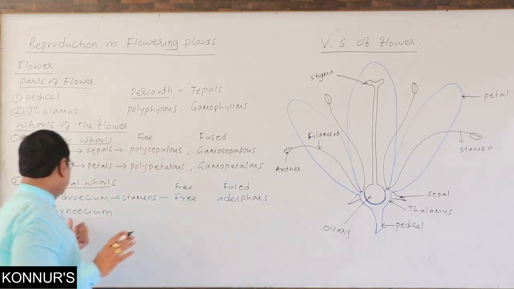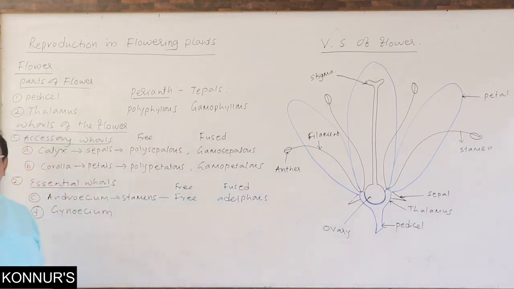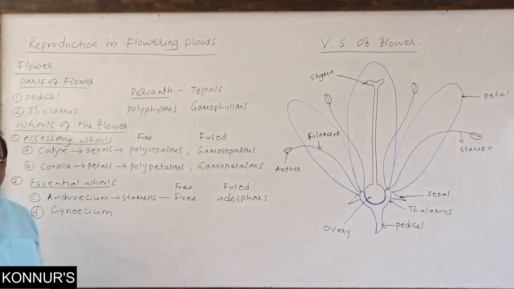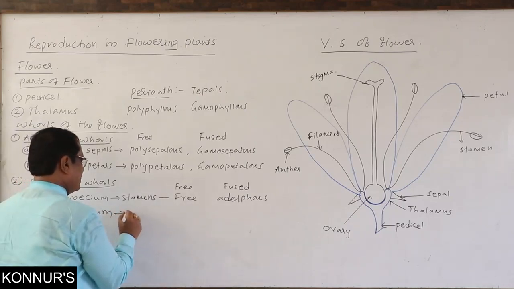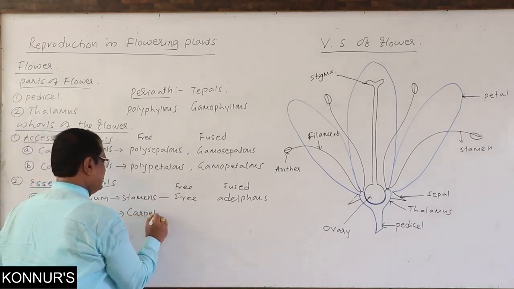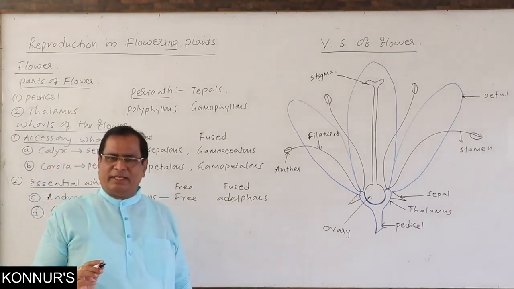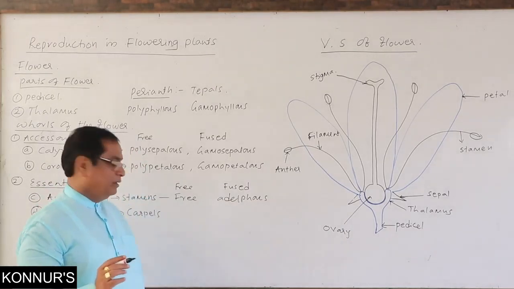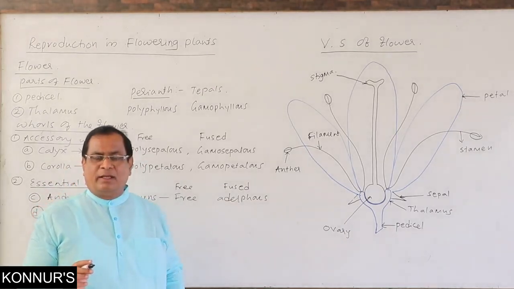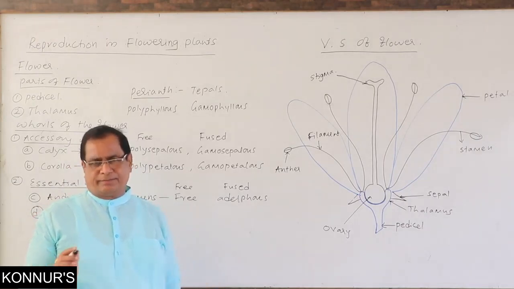And now let us see about the gynoecium. The gynoecium is the fourth and innermost whorl of the flower, an essential whorl, and the female reproductive organ. Its units are named carpels, and carpels may be free or fused.